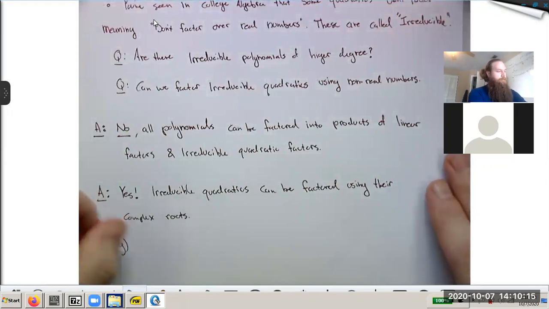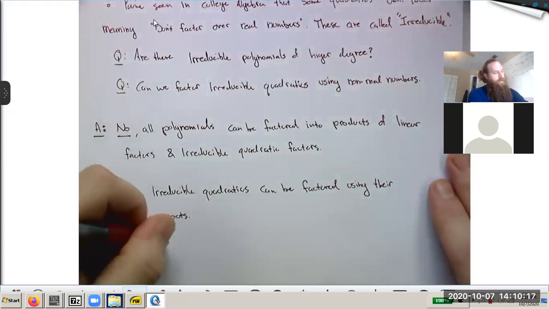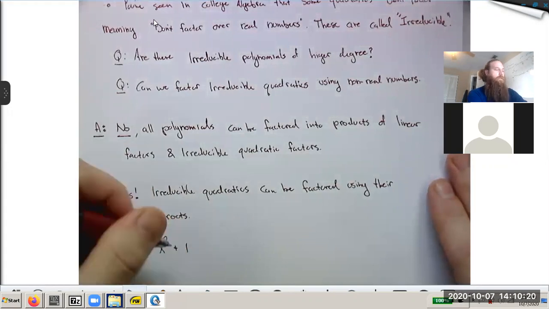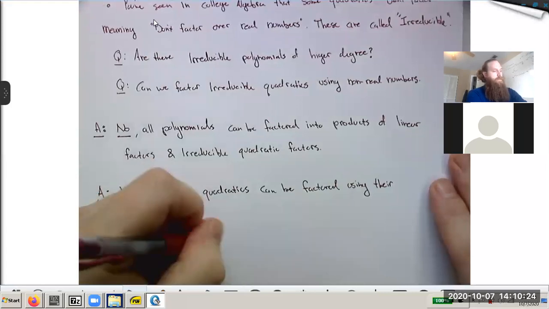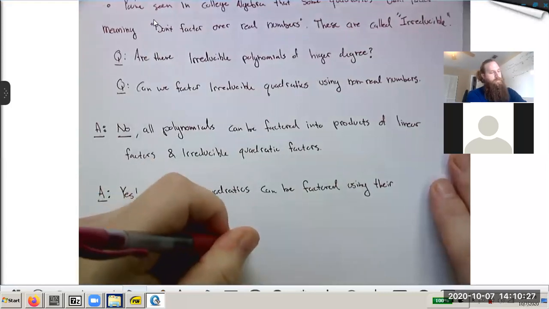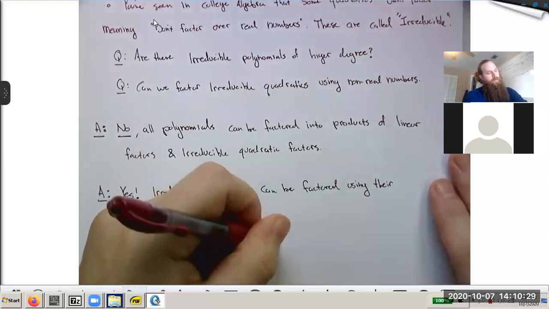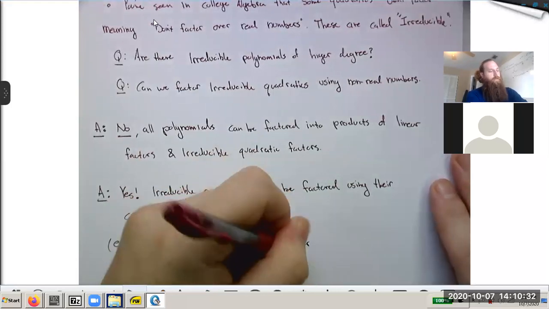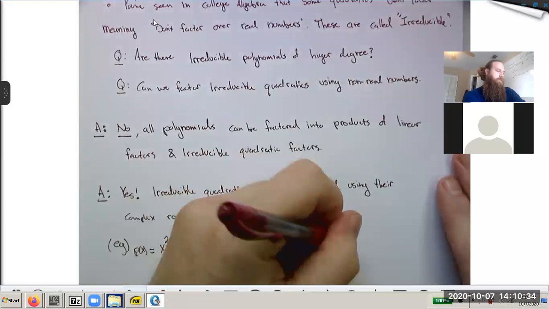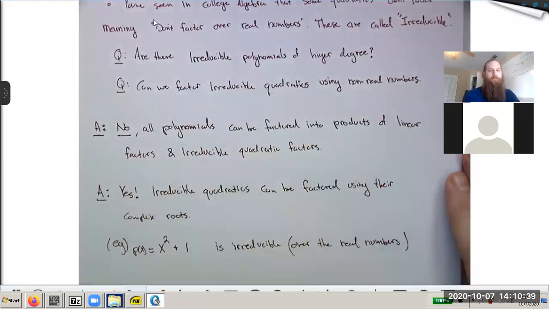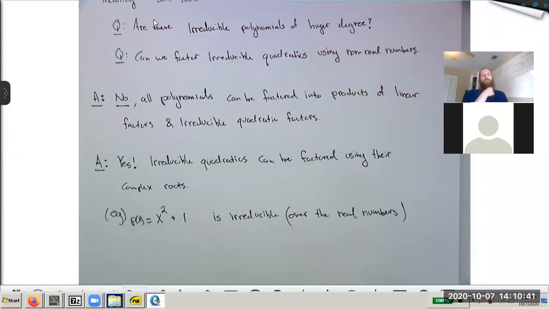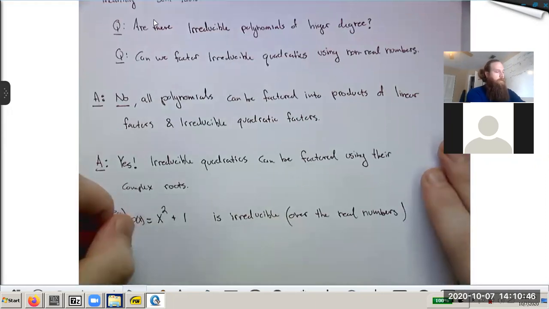For example, the quadratic x squared plus 1. This is irreducible over the real numbers. If you use the quadratic formula, you'll find that it has complex roots.